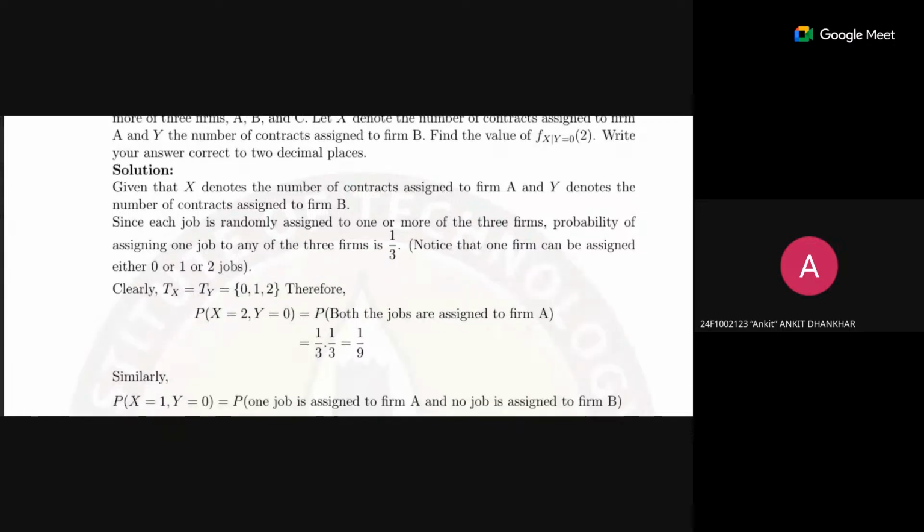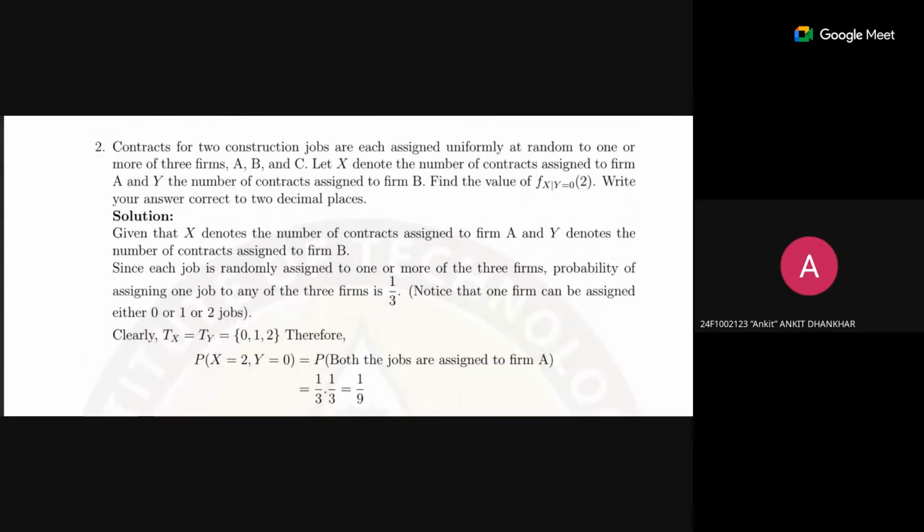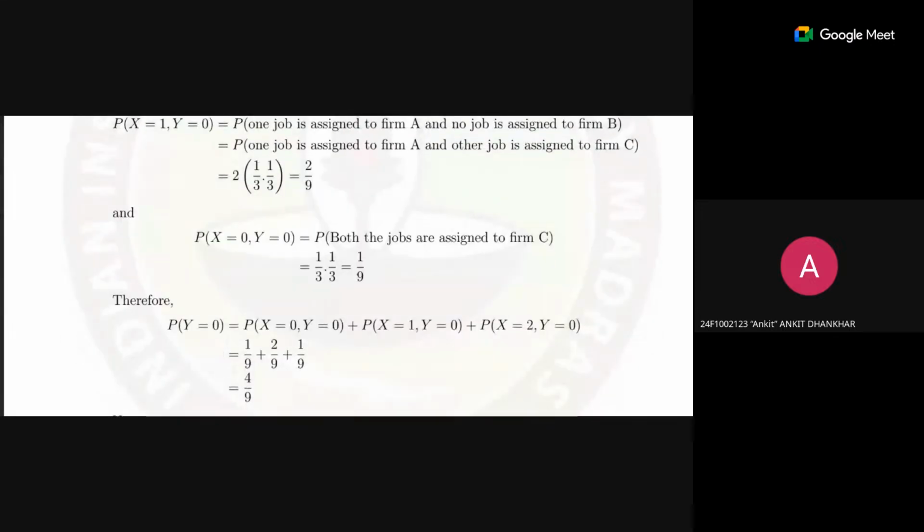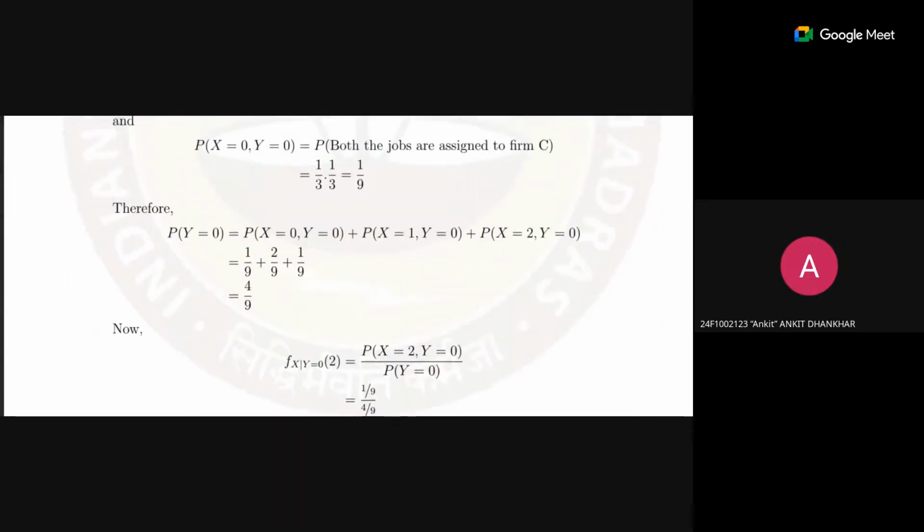It is 2 jobs, both jobs are assigned to X, and the probability of assigning a contract to any one firm is 1 by 3. If I assign the first contract to X and none to Y, should I not also consider the 2 by 3 case, that is, not assigning a contract to Y? That is my specific doubt.